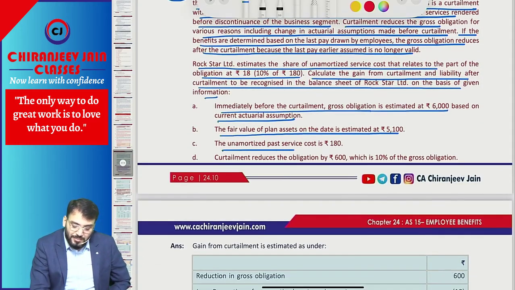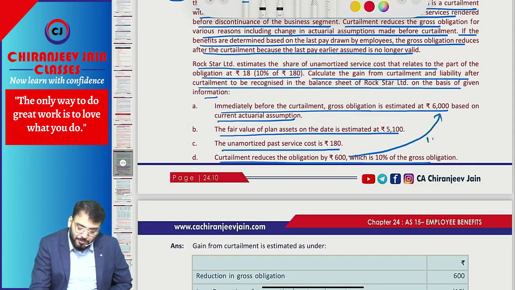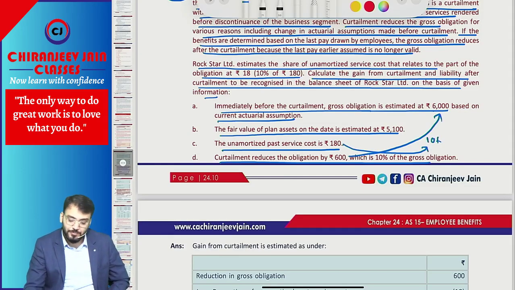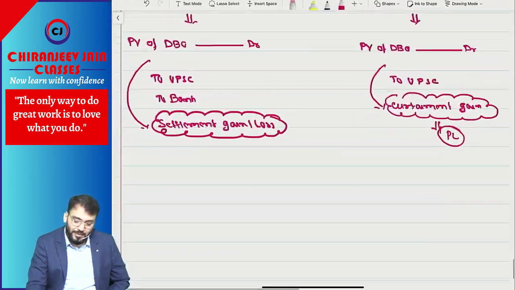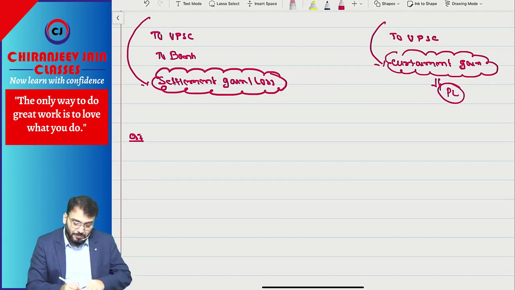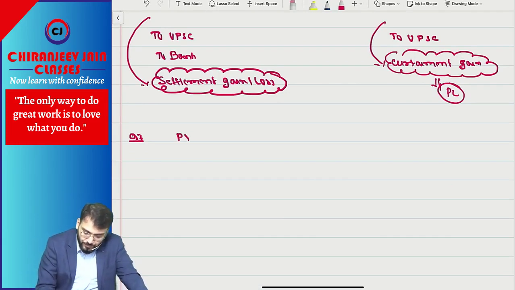Then unamortized service cost is 180. Curtailment reduces the obligation by 600, which is 10% of gross obligation. So you can see this is 10% only. So if this reduces by 10%, this is also reduced by 10%. Understood? Correct. So what will be the journal entry first? Give me. We are doing question number 7. What is the journal entry? Tell me. Present value of DBO will be how much?